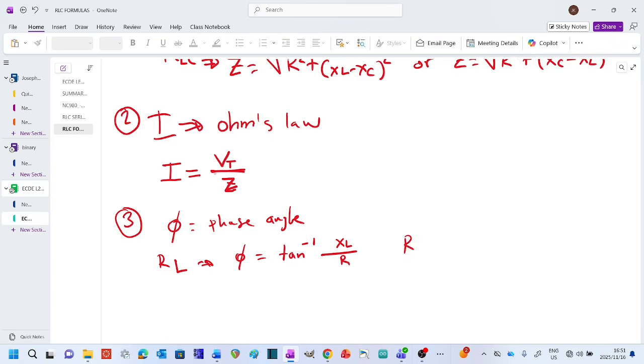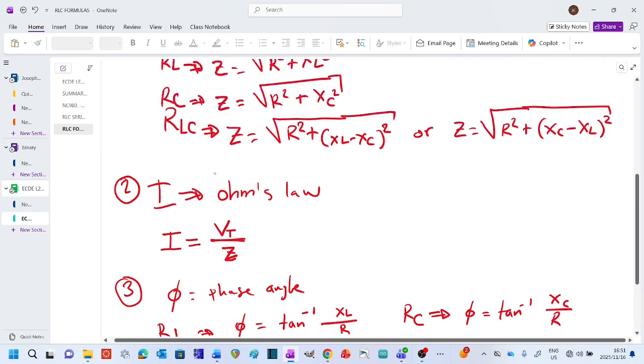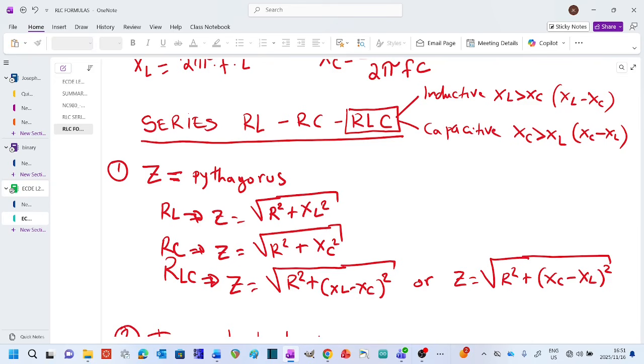If you are dealing with RC, your phase angle is tan to the power negative 1 of XC over R. If you are dealing with RLC, remember, if it's an inductive circuit, you are dealing with XL minus XC as a numerator.